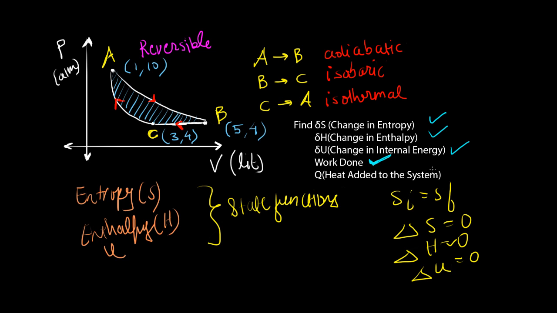mathematics. So we have to find the work done. Okay, so I didn't mention some things here which were given in the problem, because I didn't want to confuse you, but I'll do it now.